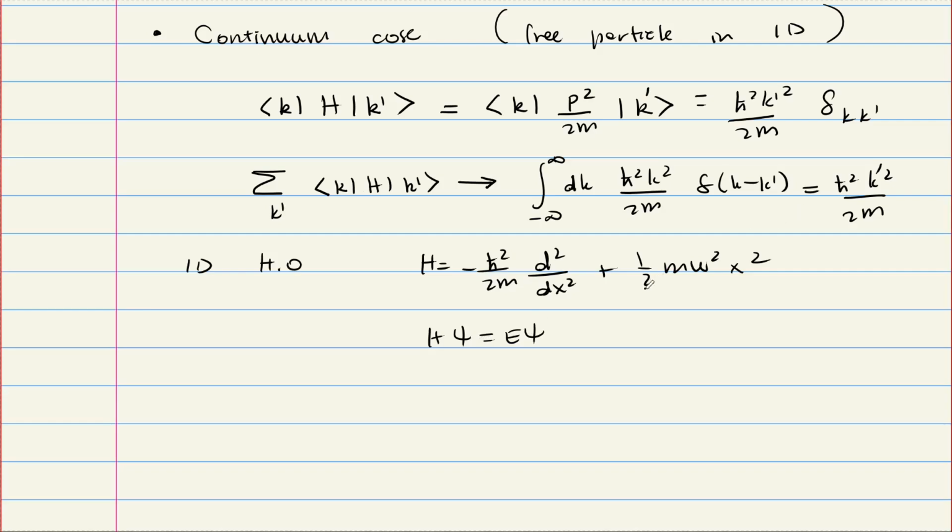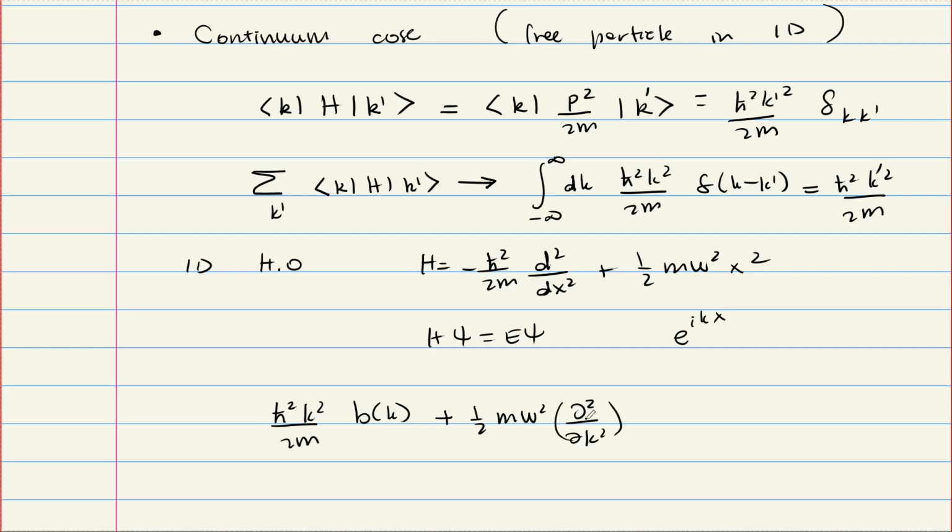So this is the real space representation. We can go to momentum space. In the momentum space, we have e to the i k x. If you take the derivative, you have ik coming in one time. If you take the second derivative one more time, what you are going to have is h bar squared k squared over 2m b of k plus 1/2 m omega squared del squared over del k squared.